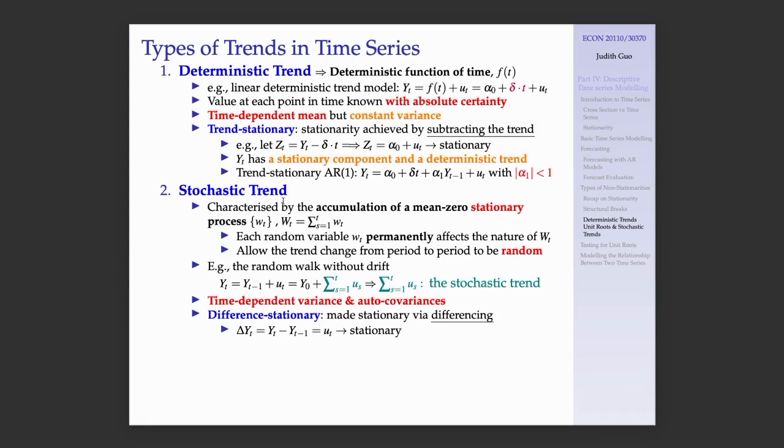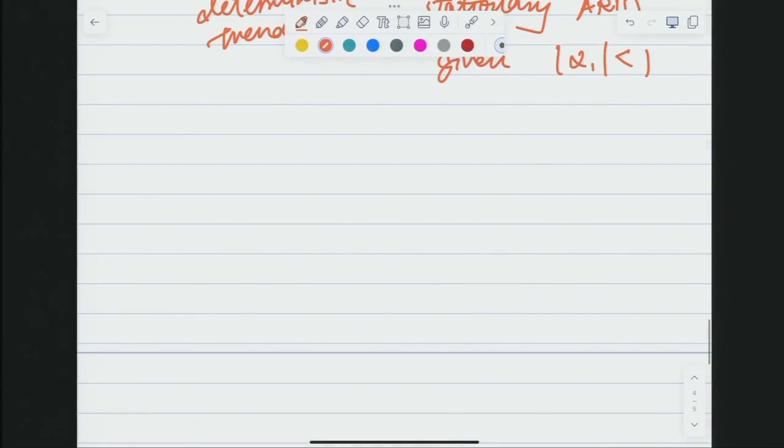So the idea here is, if you look at the random walk without drift, okay, which is yt equals yt minus 1 plus ut, okay, but obviously the alpha 1 is equal to 1 here. Then by differencing, essentially the first difference is the difference between yt and yt minus 1.